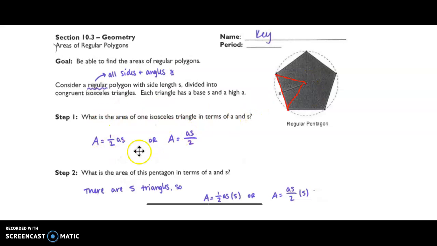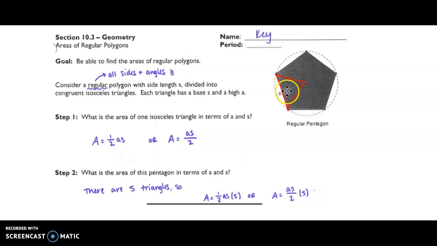We're going to use the area of the triangle, 1/2 base times height. We're going to use A and S. You'll see why in a little bit. S is the side length, and A is the length here. It's the height, an altitude kind of. It creates 90 degrees.